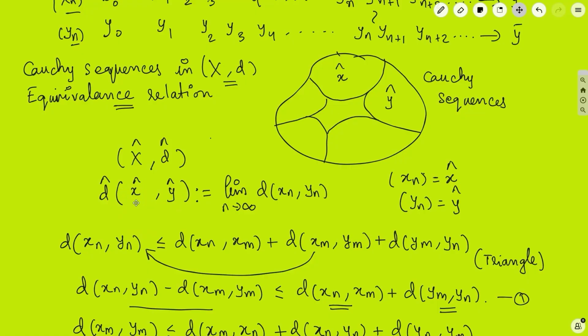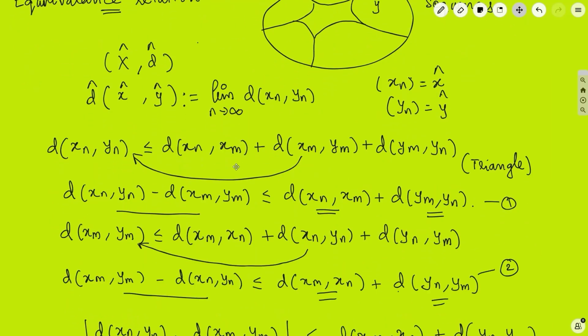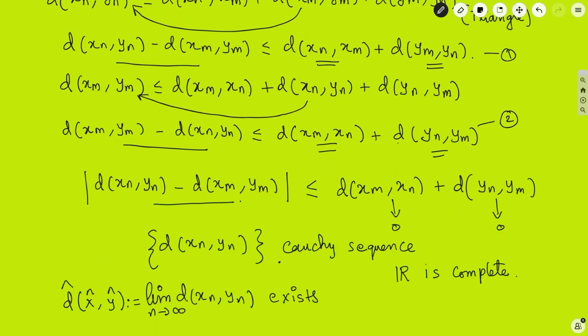So that's how we define this here. So you pick sequences xn, yn from these two equivalence classes x hat, y hat. And what's the distance here? You just calculate the limit as n tends to infinity of d(xn, yn). Well, what we have shown here is that this exists, right? For any two Cauchy sequences, this quantity exists.